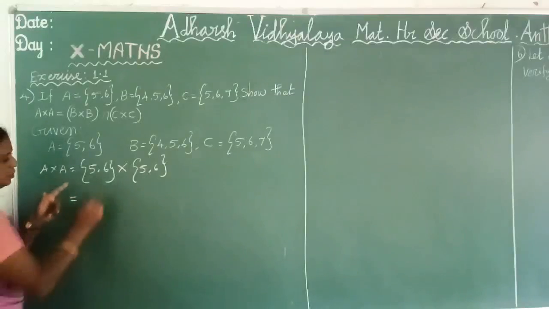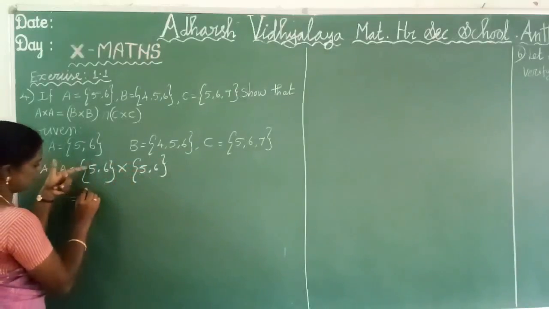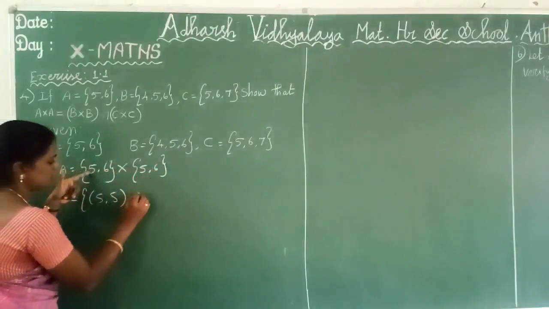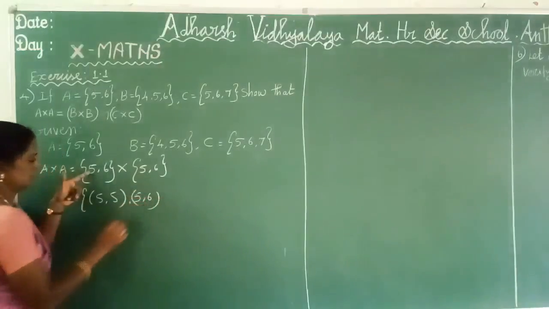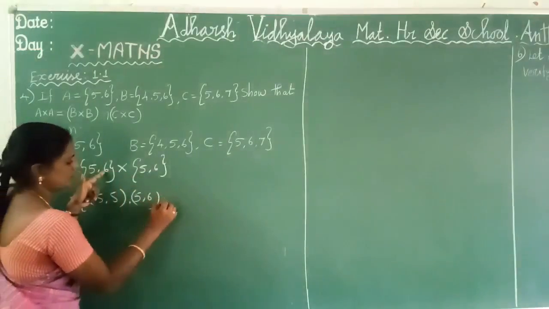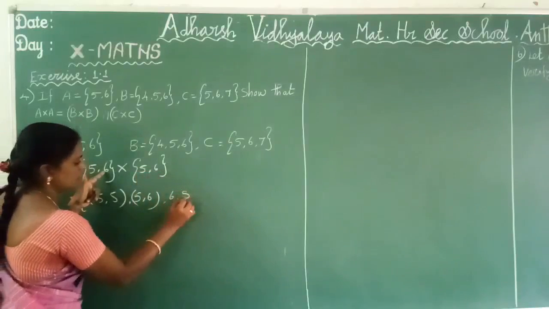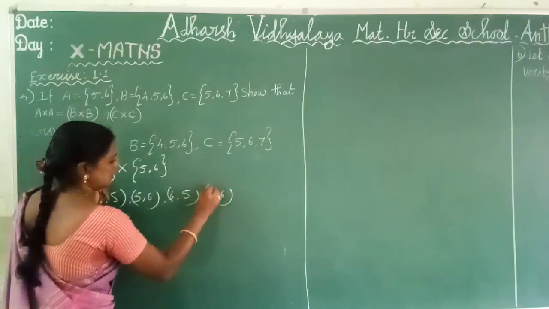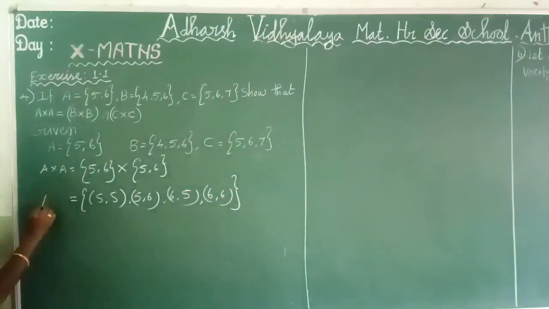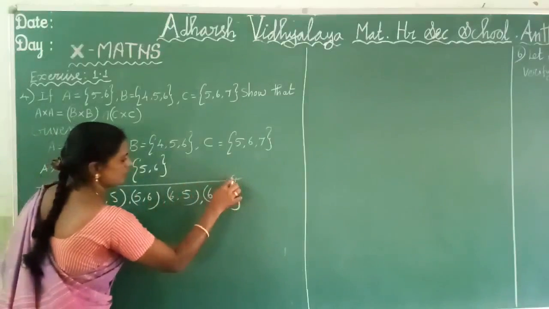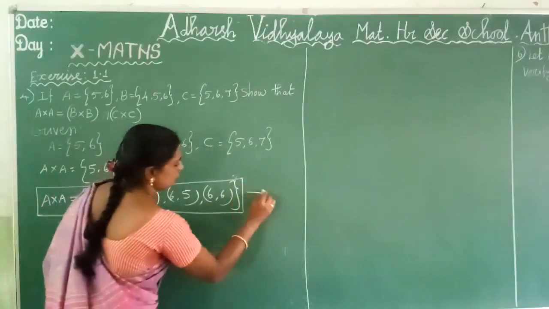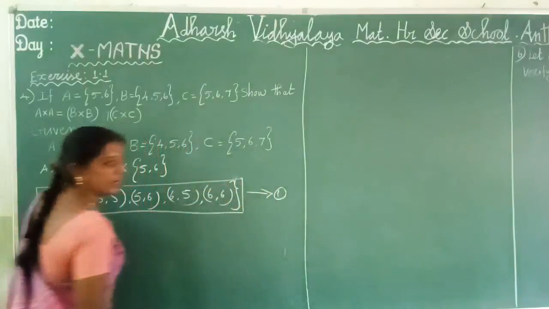So take the Cartesian product: (5, 5) and (5, 6). Second, we take (6, 5) and (6, 6). So this is the A cross A answer. That is equation number 1.